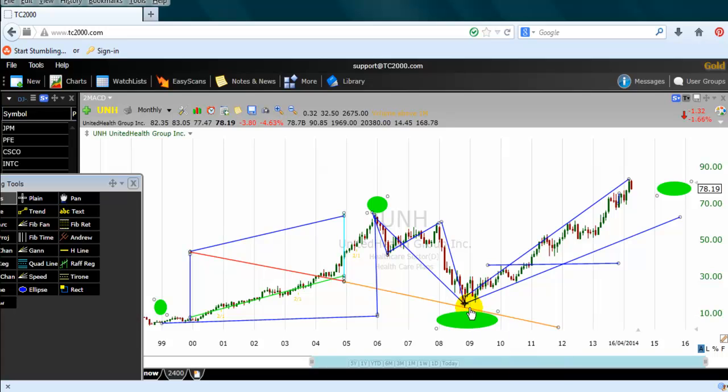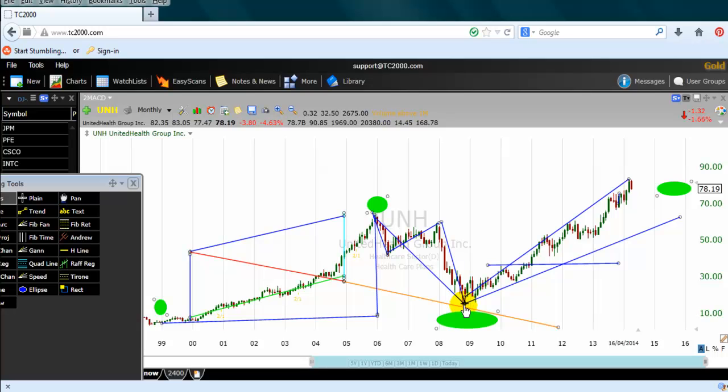The correction is ABC again. This move, that's what we call A. We don't call this point A. This move here is what we call A during the correction. From here to here, that's the A move, B move, C move. A, B, C. That's the corrective wave.